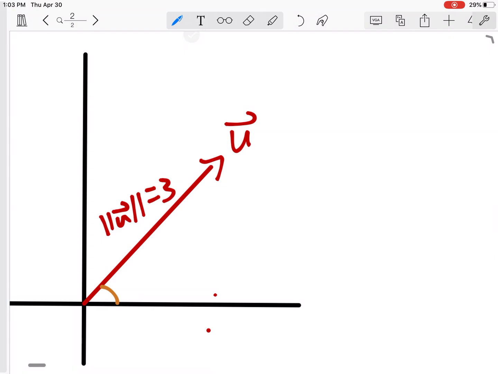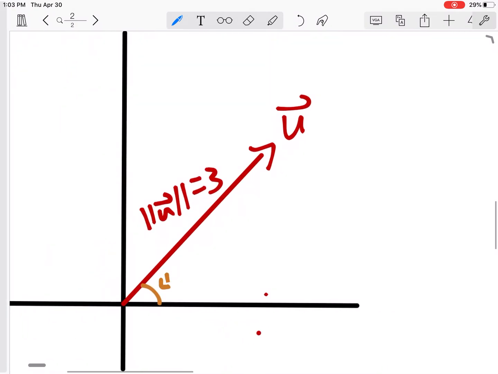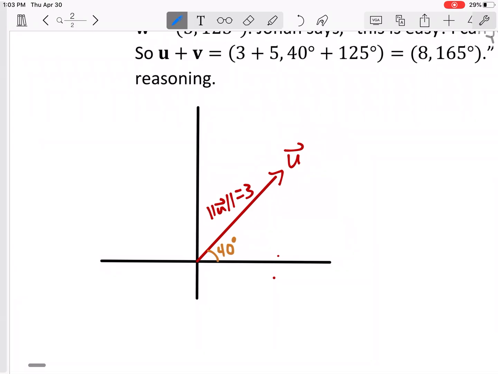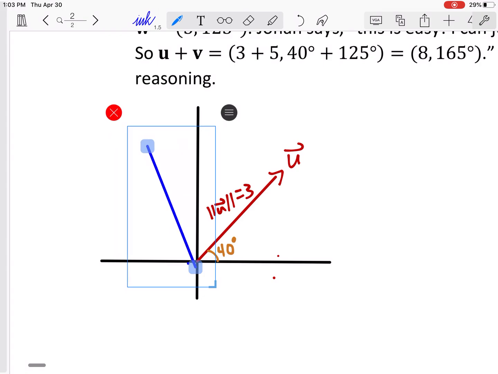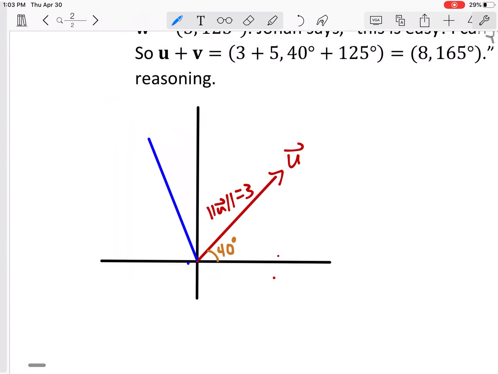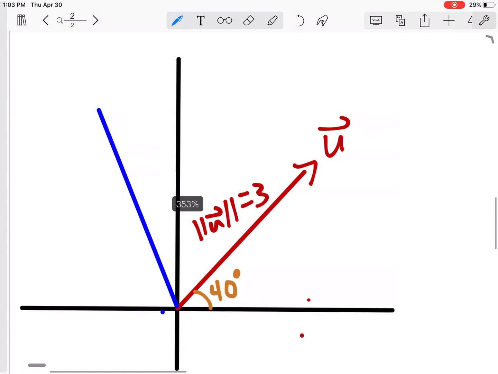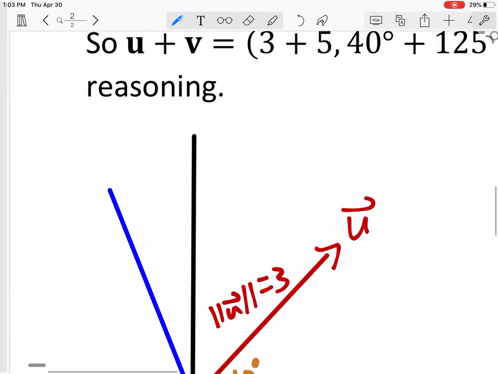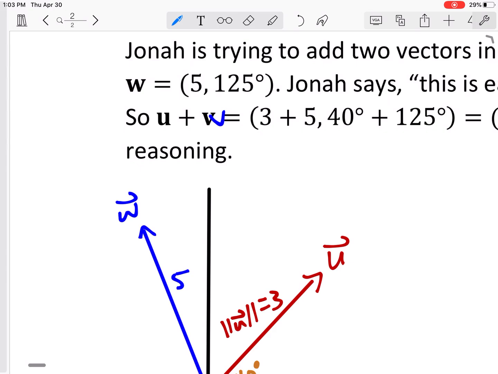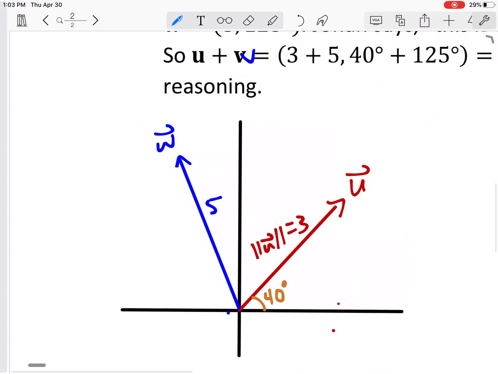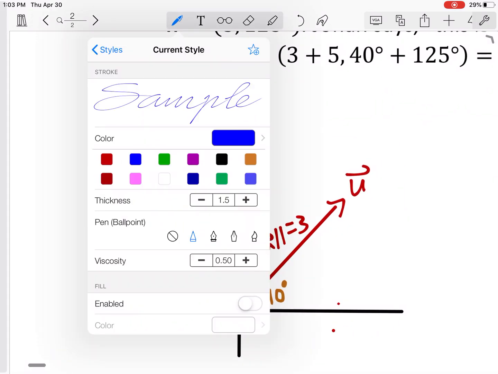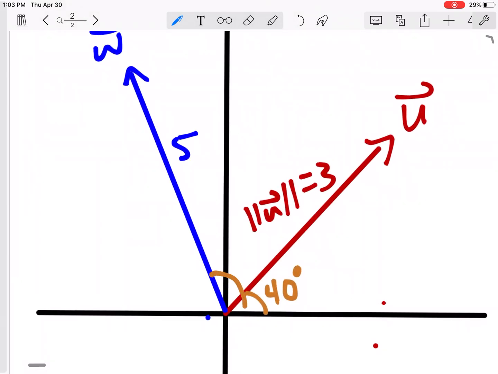Its direction is 40 degrees. And W, I keep saying the wrong things, is 125 degrees for its angle and 5 for its magnitude. And this should say W right here. I'm not sure why I put V. And its angle goes all the way around. That's 125 degrees.